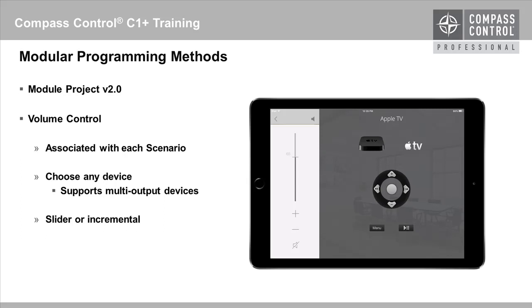However, if I have a device like a multi-zone audio matrix or an AV receiver or an audio DSP, which is going to be my volume device for a given scenario, then we have the ability to say, let's go ahead and show that volume slider, as oftentimes end users really like that feature, and Compass Control fully supports sliders.